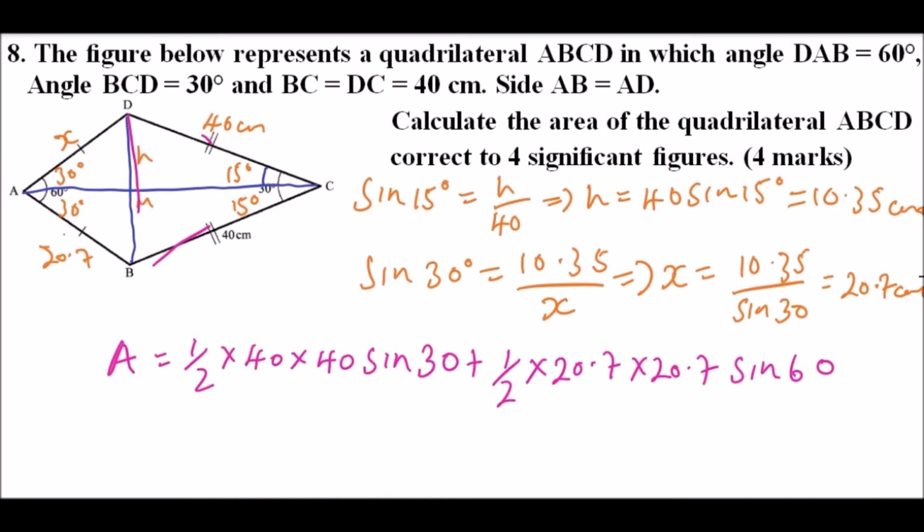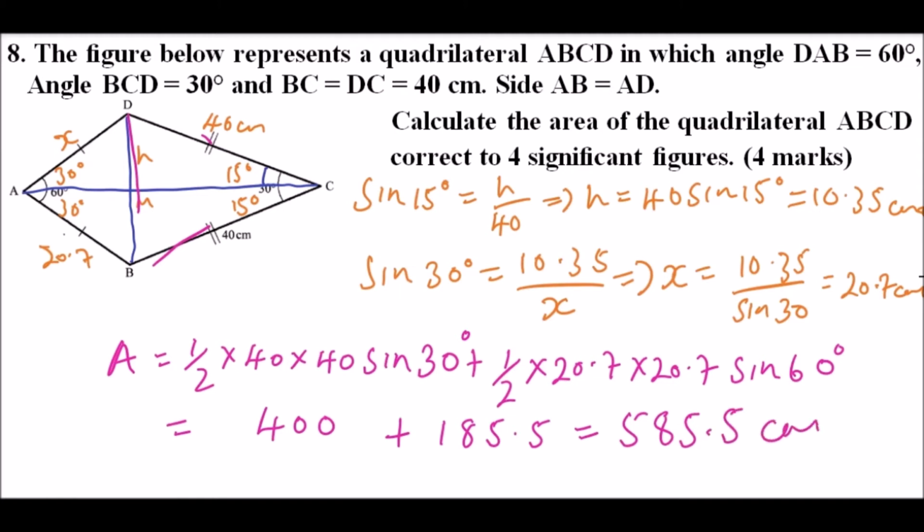Using your calculator, you find that this will give you 400, and the other one will give you 185.5. So when you add the two, you get 585.5 centimeters squared, because it is area. So this is the other method, which I also find easier to use than the first one. So that is how you solve that question, and you get yourself 4 marks.